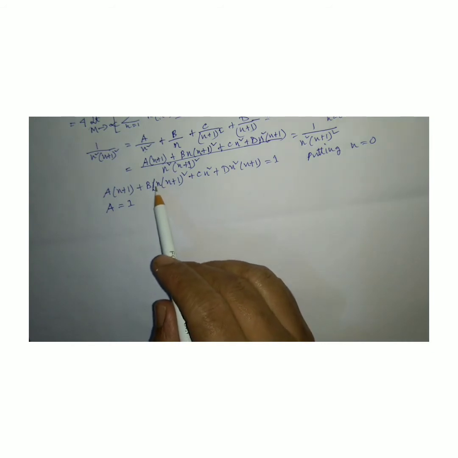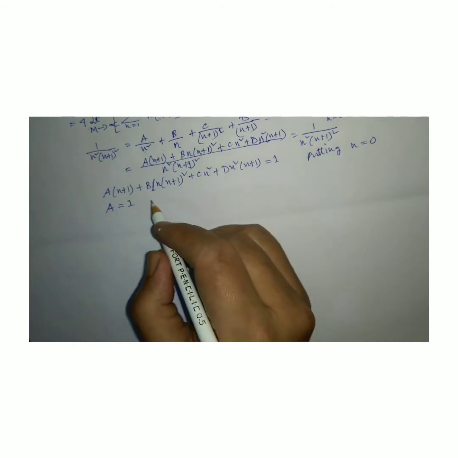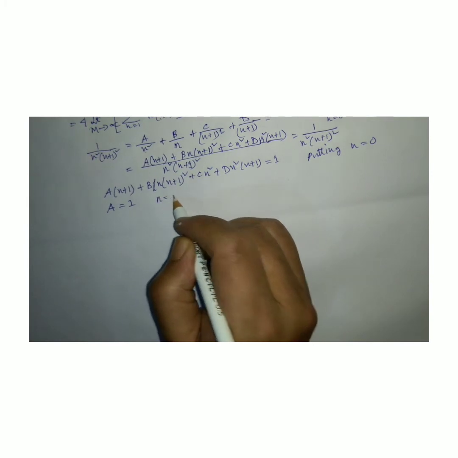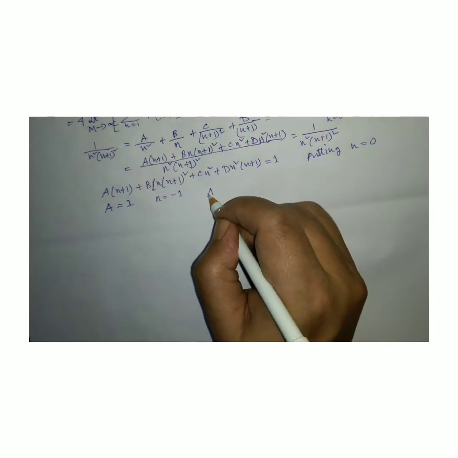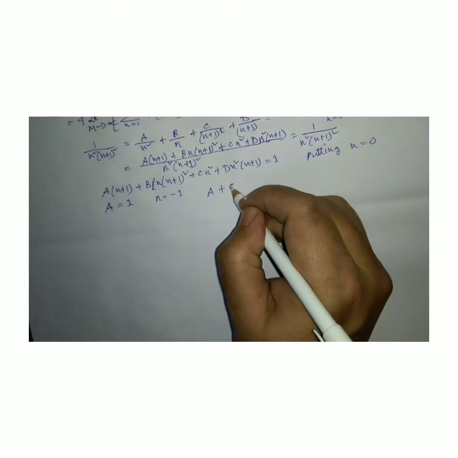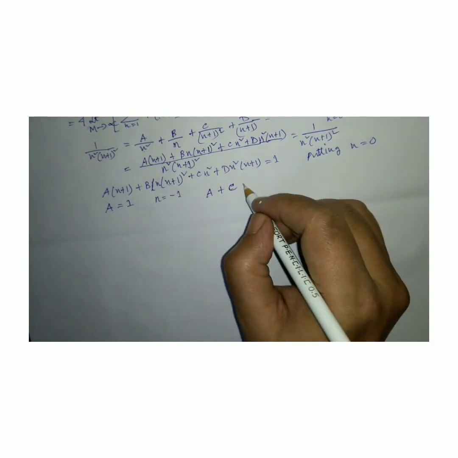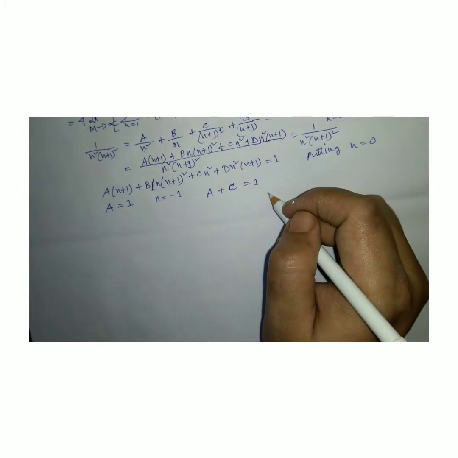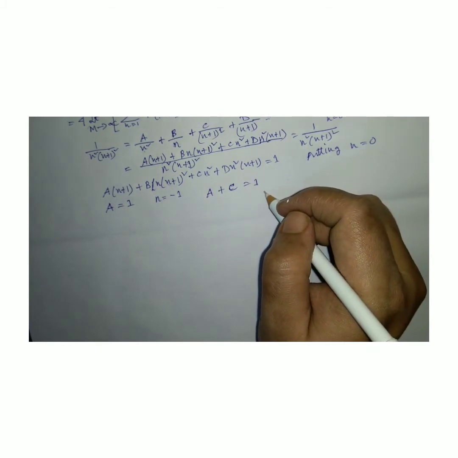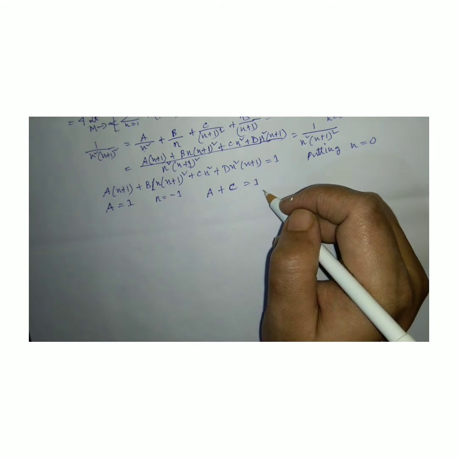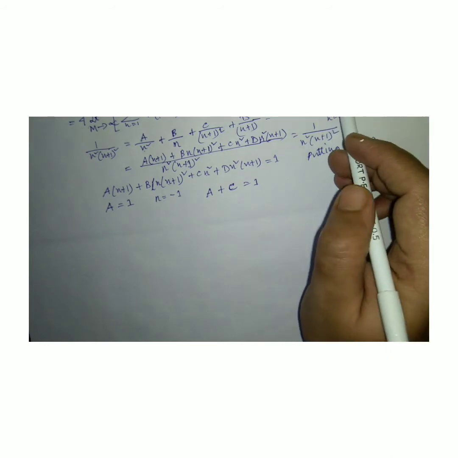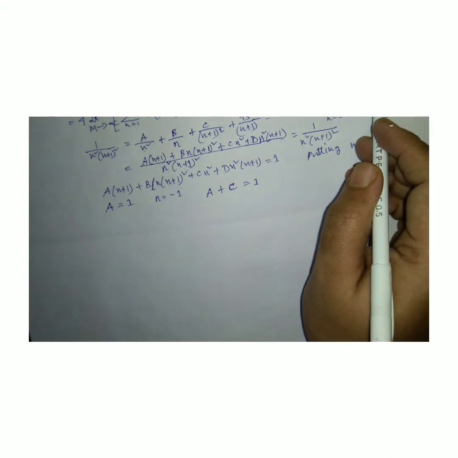Okay friends, listen, if I put n equals 0, then A equals 1. Putting n equals minus 1, I get A plus C, and the other terms are 0, is equal to 1. And C equals, what is the value of C?